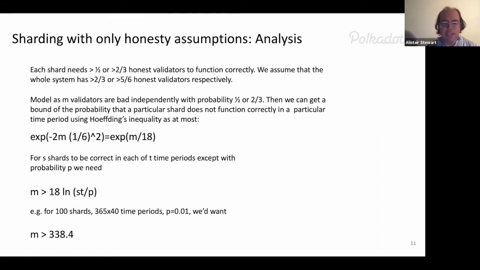It's a big number because we need a lot of validators on each shard, so that we're sure that they're all majority honest. Does that make sense?